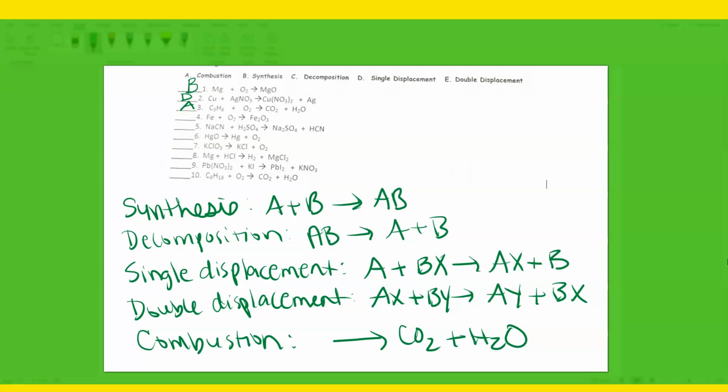All right, let's go ahead and skip to number 5. You've got a compound plus another compound forming 2 new compounds. So take a look at the pattern here. Which one does that look similar to for number 5? If you said double displacement, you are correct.